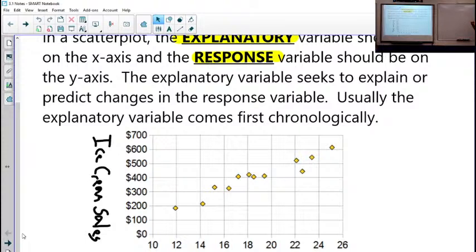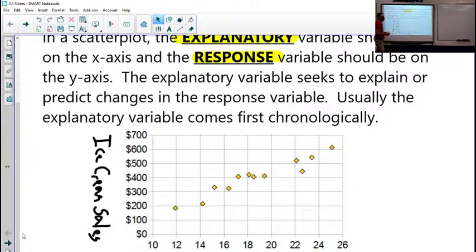On the x-axis, we usually want to put the explanatory variable and the response variable on the y-axis. The explanatory variable is what you might have called in your science classes the independent variable, versus the response variable, which you might have heard called the dependent variable. Because the dependent variable is going to depend on the other.